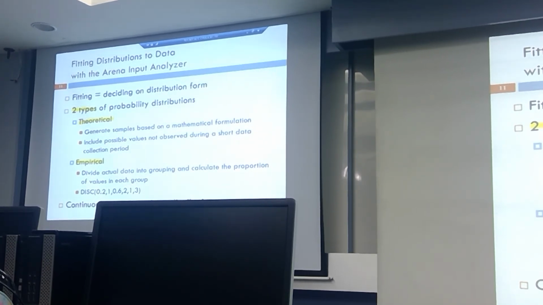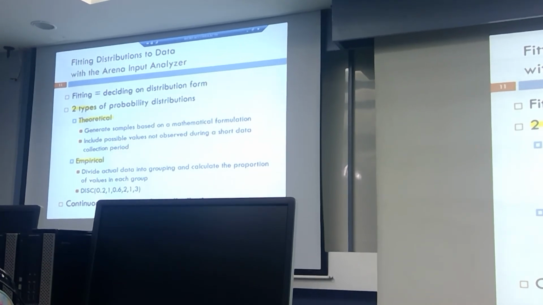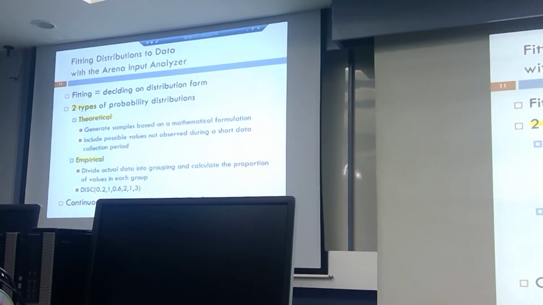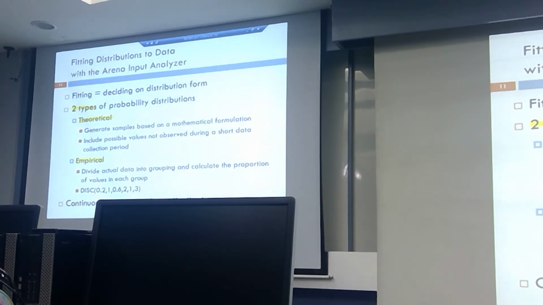With that, you can calculate the proportion and the probability of each value. However, when you simulate the demand, you will only get those values. If you have demand from 0 to 5, it will only be 0 to 5. But sometimes we use that too.